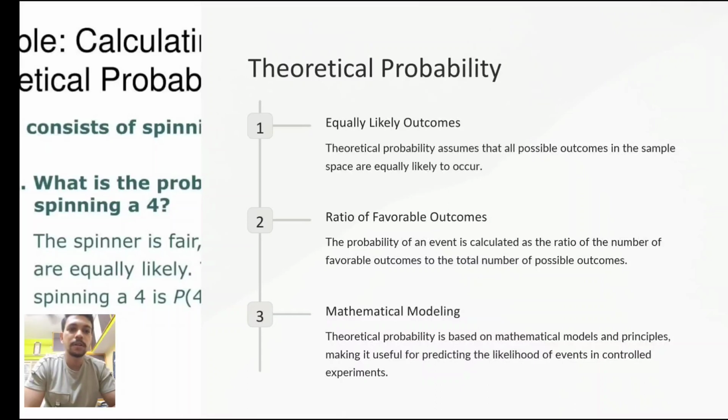The probability of an event is calculated as the ratio of the number of favorable outcomes to the total number of possible outcomes. The other one is mathematical modeling. Theoretical probability is based on mathematical models and principles, making it useful for predicting the likelihood of events in controlled experiments.